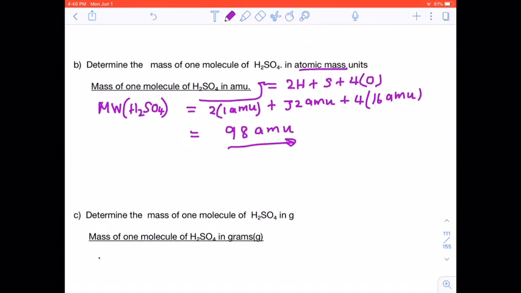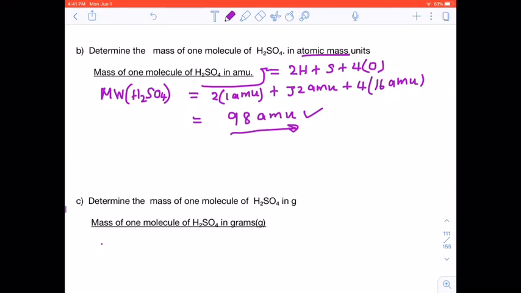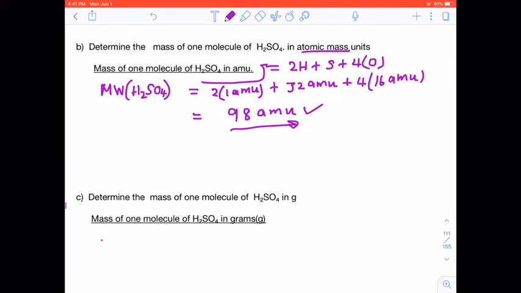So now let's say I want the mass of sulfuric acid not in atomic mass units, but in grams, just to get a sense of its mass in grams.